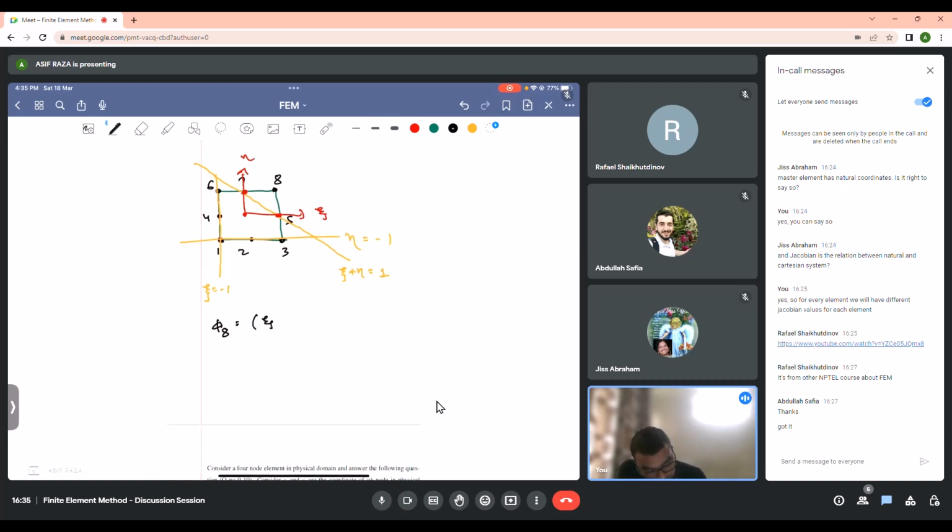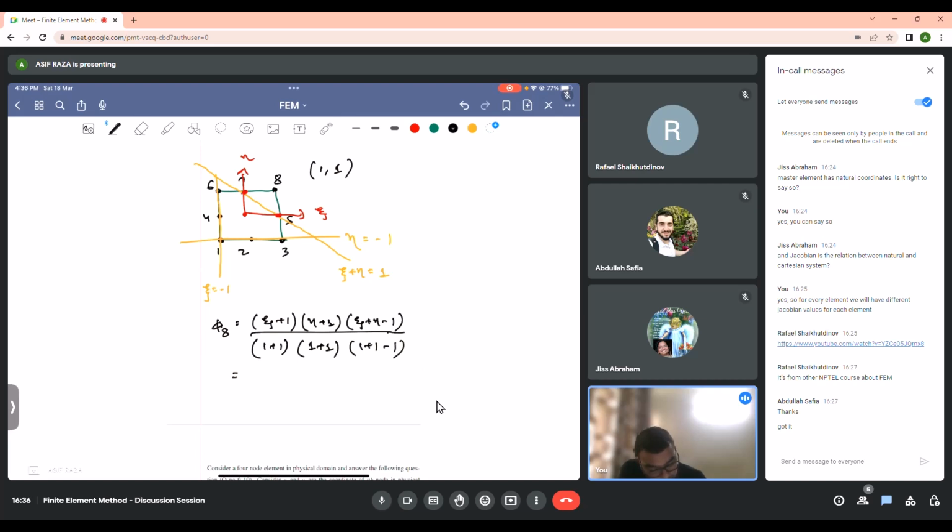This line is xi plus 1, eta plus 1, and xi plus eta minus 1. And the coordinate of node 8 is 1 comma 1, right? So this will be 1 plus 1, this will also be 1 plus 1, this will be 1 plus 1 minus 1, right?